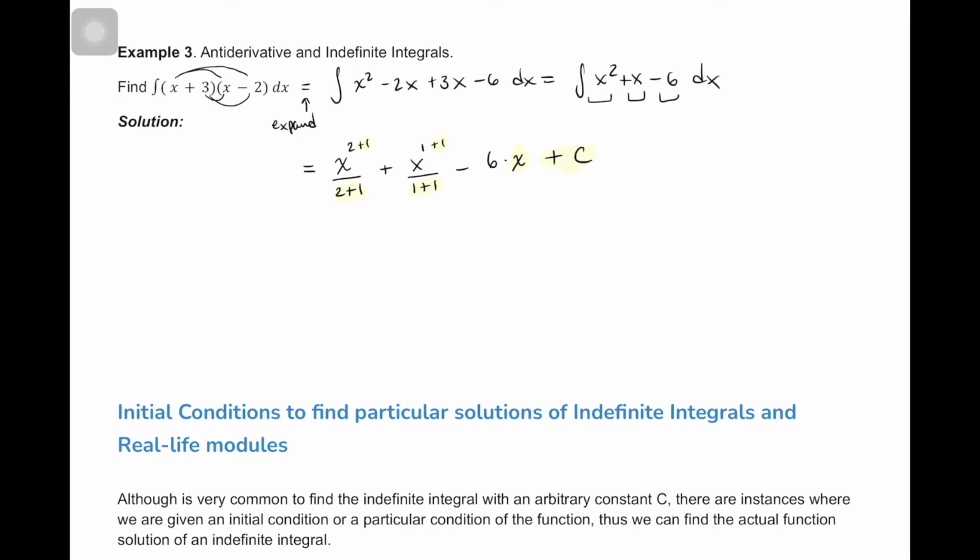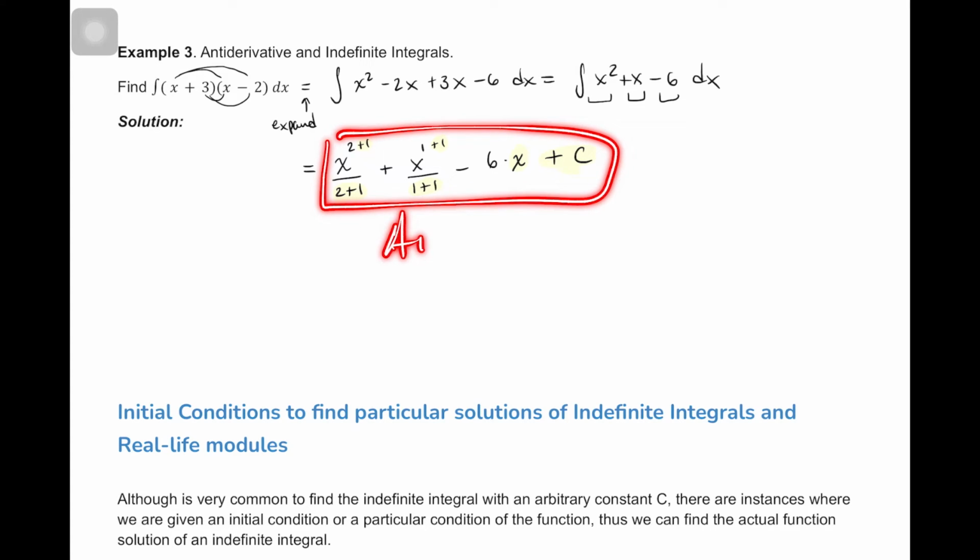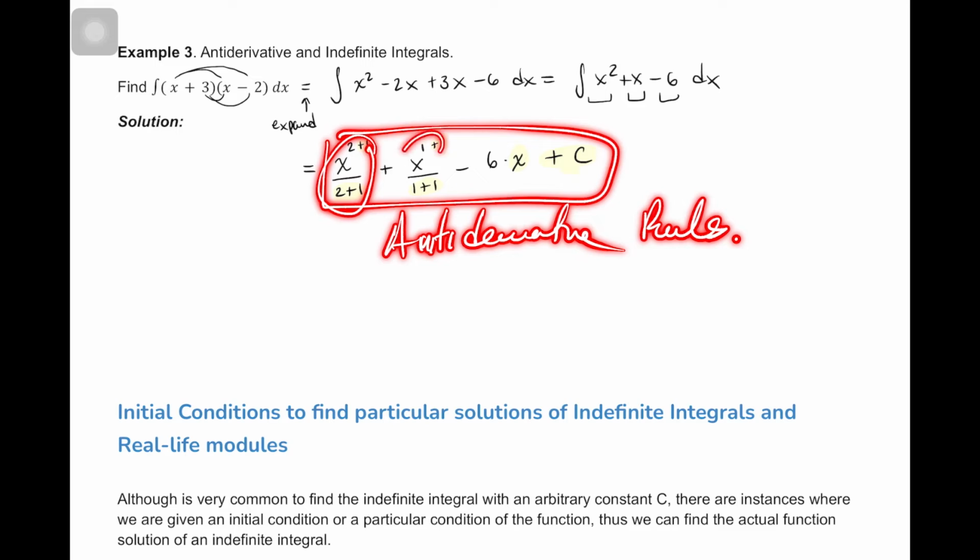Remember what I said in the last video, that the integral symbol should not be there, and the dx should not be here anymore, right? That's gone because you have applied the antiderivative rules, right? And that's also important, that once you start taking the antiderivative, you got to do it for every single term, right?